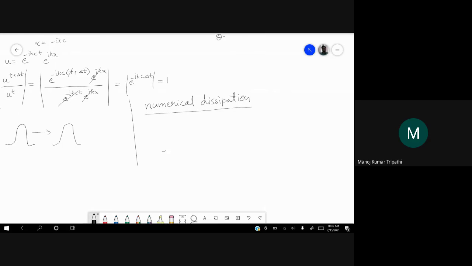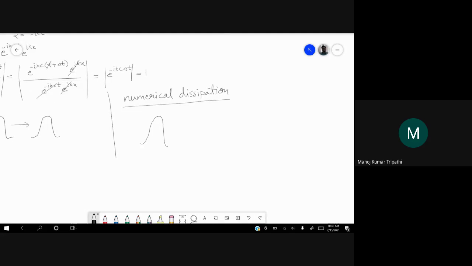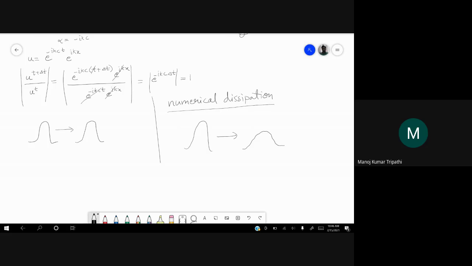So if the initial wave height is like this, after some time, it is going to decrease as it moves. Okay. So this is a concept called numerical dissipation. This is very important to note. Just by discretizing it and solving it on a computer, you change the characteristics of the equation. The original equation did not have any dissipation, but now you have some dissipation.